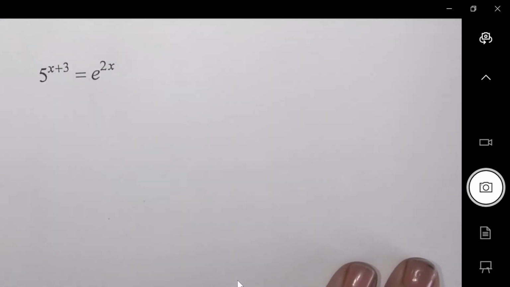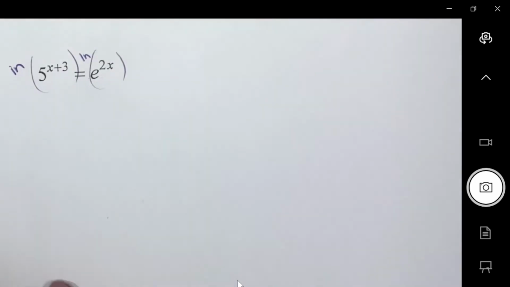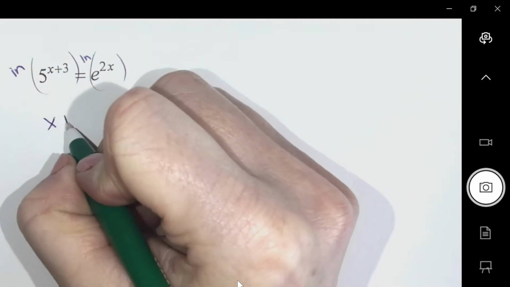Exponential, so what's our first instinct? Log both sides, and then you said we're going to natural log both sides because I saw an e. So we're going to natural log both sides instead of log. And you're not wrong if you log both sides, it just gets a little messier.